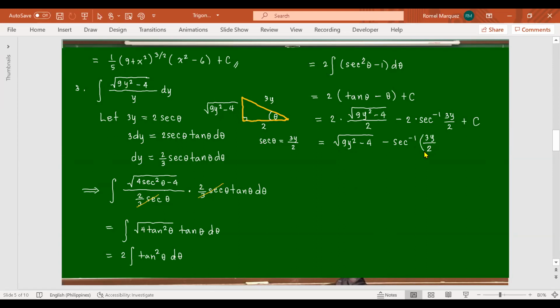Okay, guys? Let me put grouping symbols here. Plus C. That's it. Is that clear, guys?